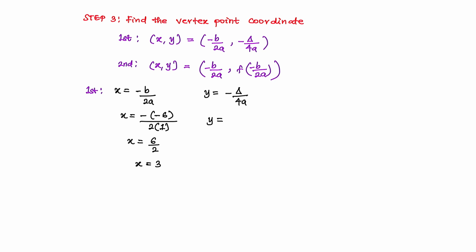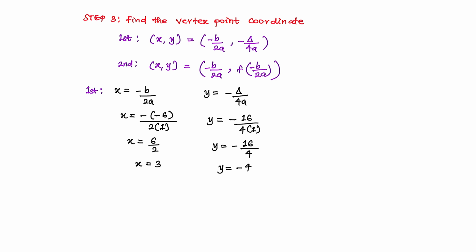So this means y equals minus 16 divided by 4 multiplied by 1. So simplifying, we have y equals minus 16 over 4. Hence, y equals negative 16 divided by 4, which is minus 4. So the value of x is 3, the value of y is minus 4.